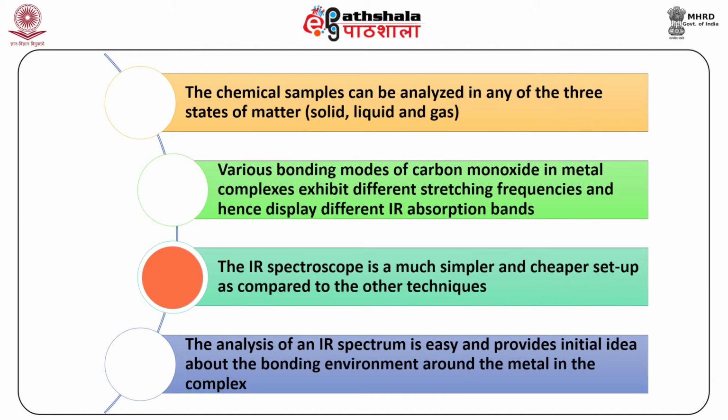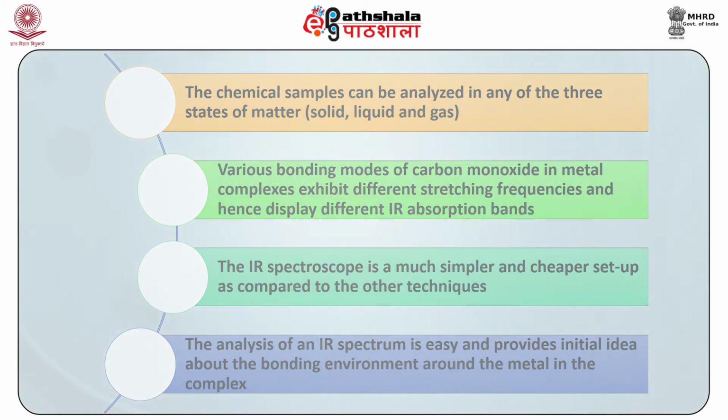The IR spectroscope is a much simpler and cheaper setup as compared to the other techniques. The analysis of an IR spectrum is easy and provides an initial idea about the bonding environment around the metal in the complex.